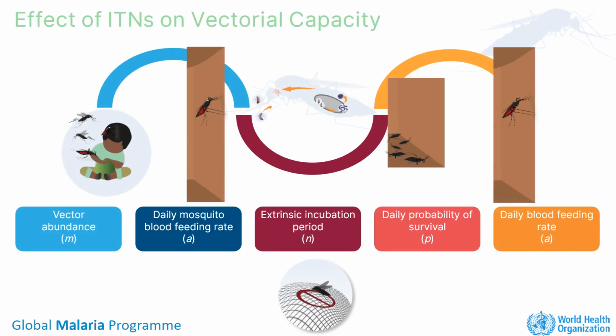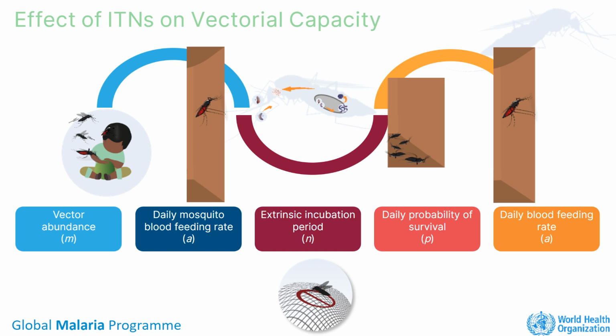Now that we know which vector control approaches are recommended by WHO, we will review how these different vector control strategies alter vectorial capacity. If you remember from earlier in this unit, vectorial capacity is the number of new infections arising per day from all the mosquito bites on one infectious human.